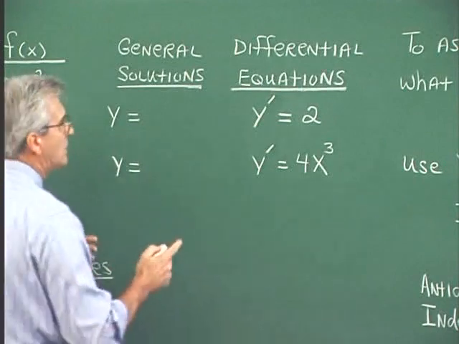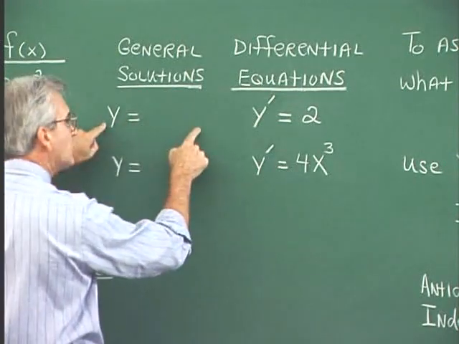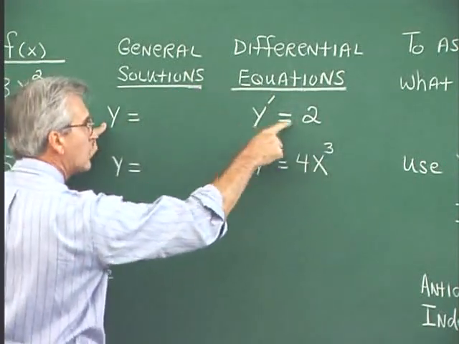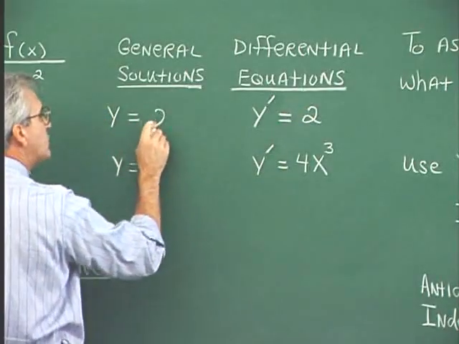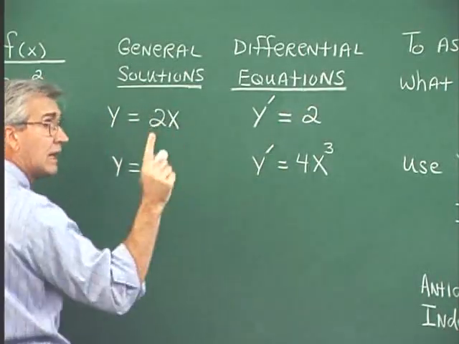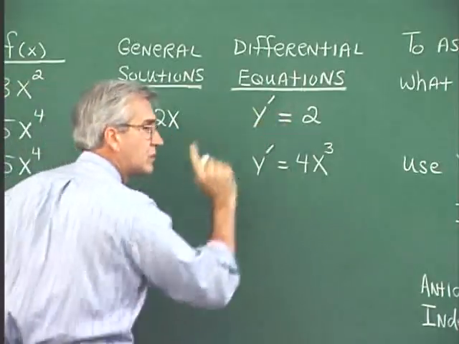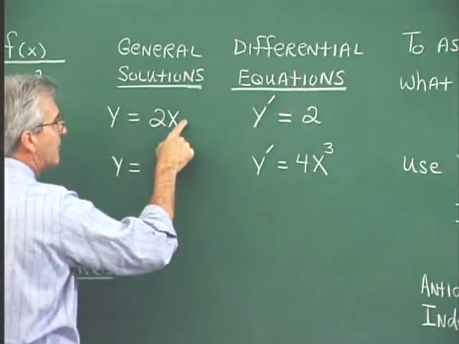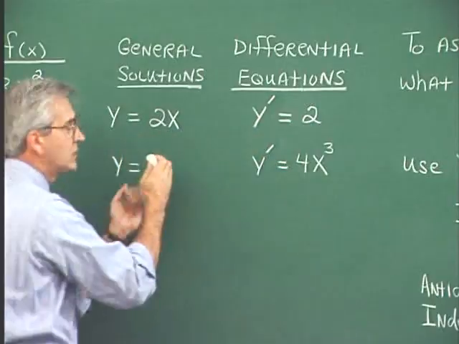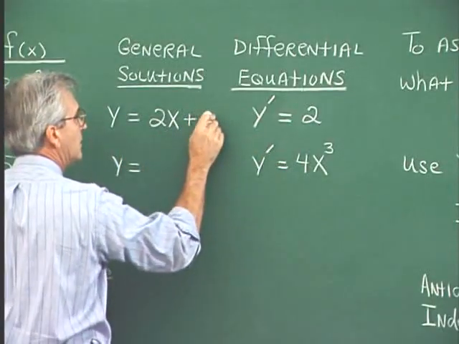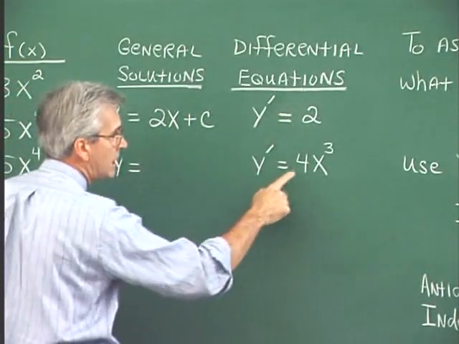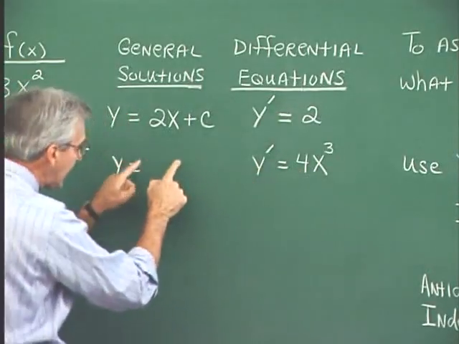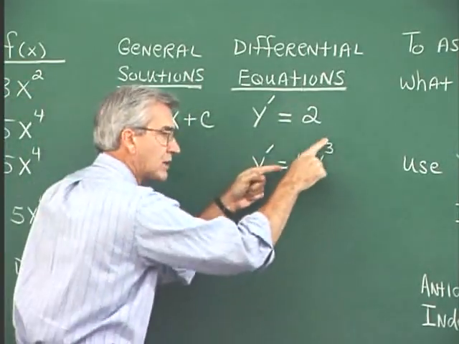Well, think about a function whose derivative would be y prime equals 2. It turns out that it would be 2x, because the derivative of 2x is 2. But let's not forget, when we're going in this direction, to tack on that constant. All right, here's another one. Think about a function here whose derivative is 4x cubed.